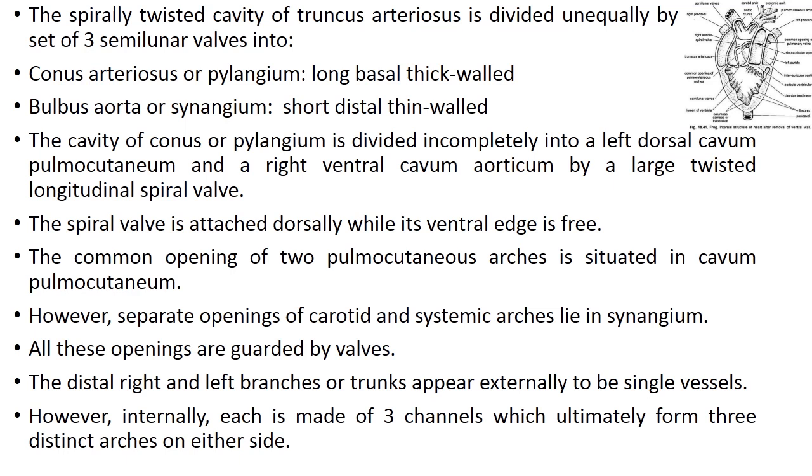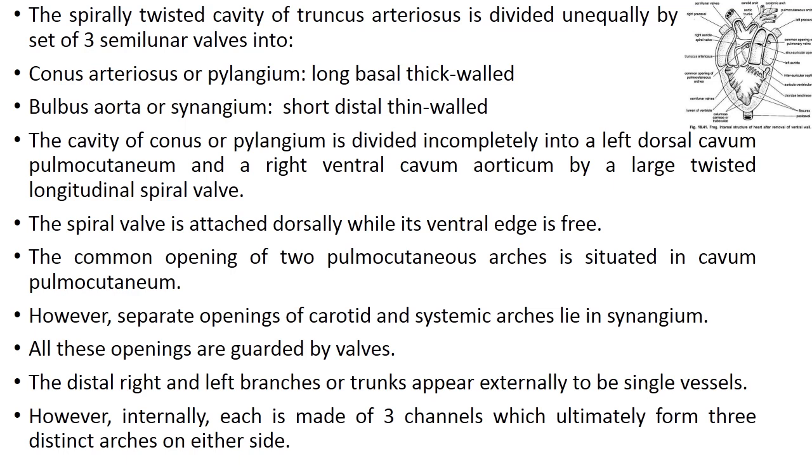The spirally twisted cavity of the truncus arteriosus is divided unequally by a set of three semilunar valves into the conus arteriosus and the bulbus aorta or arteriosus. The cavity of the conus is divided incompletely into a left dorsal cavum pulmocutaneum and a right ventral cavum aorticum by a large twisted longitudinal spiral valve.